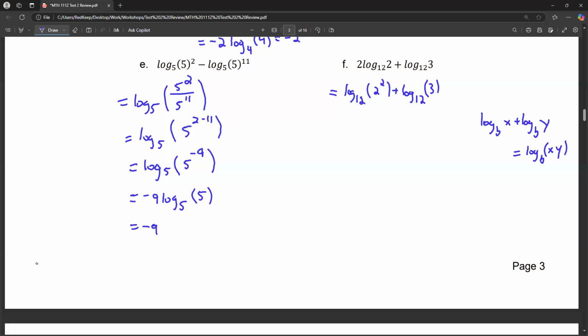Okay, well, let's do two things at once, right? We're going to apply this rule over here on the right-hand side. I have addition between log base 12 of 2 squared plus log base 12 of 3. So I can actually write this as one logarithm. And 2 squared is equal to 4.